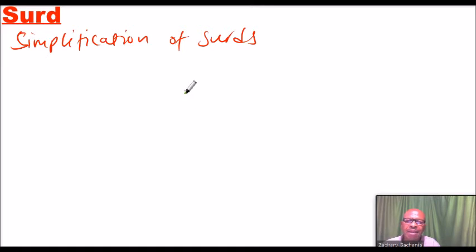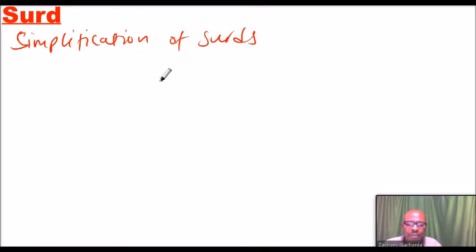But we can have a Surd that is a product of two numbers where one of the numbers is not a Surd or has an exact square root or cube root.